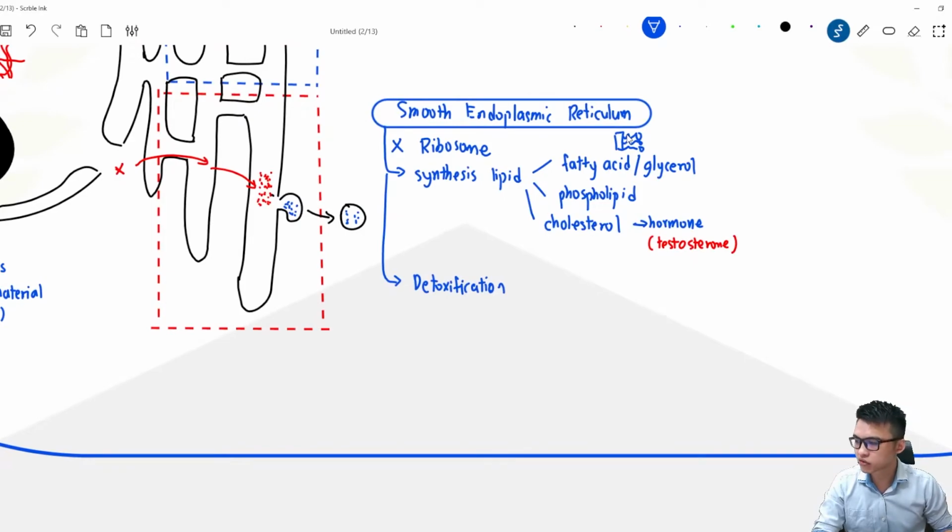These detoxifications normally need a lot of enzymes, and all these enzymes can be found in the liver. As you know, the liver is the main organ that helps us to detoxify drugs, alcohol, and toxins. That's why inside the liver, we have a lot of smooth endoplasmic reticulum. Alright, guys, these two are the most important functions of the smooth endoplasmic reticulum.